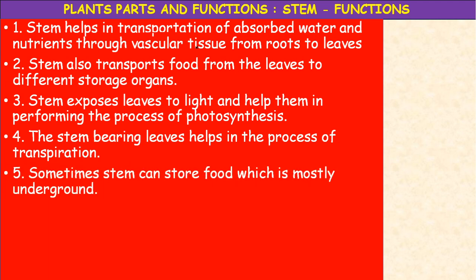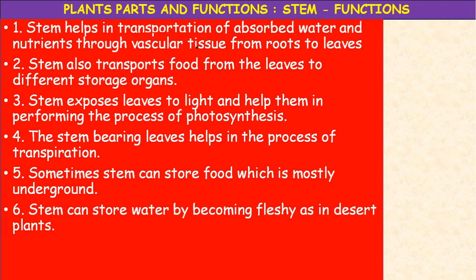Sometimes the stem can store food, which is mostly underground. There are certain types of stems like potato, ginger, turmeric. They are all underground stems which store the food material. The stem can store water by becoming fleshy.